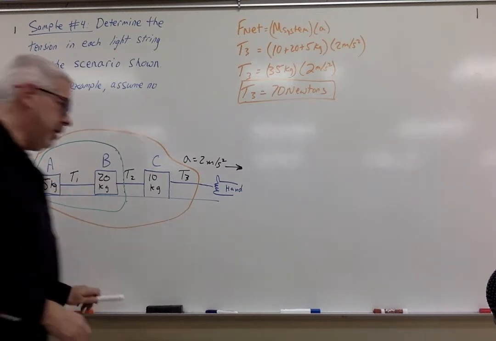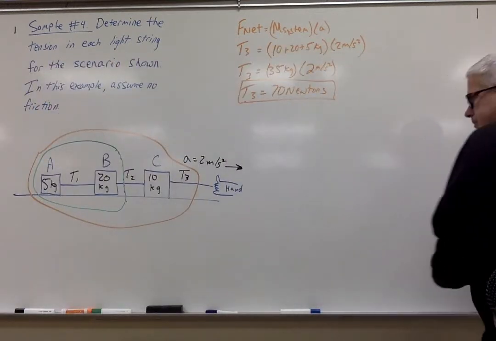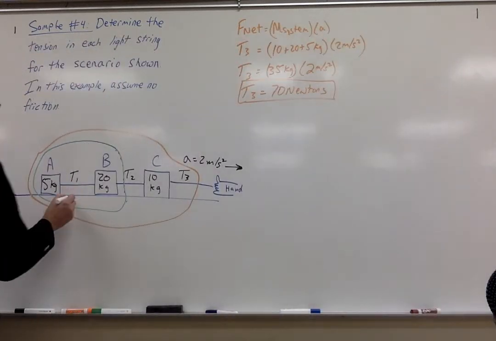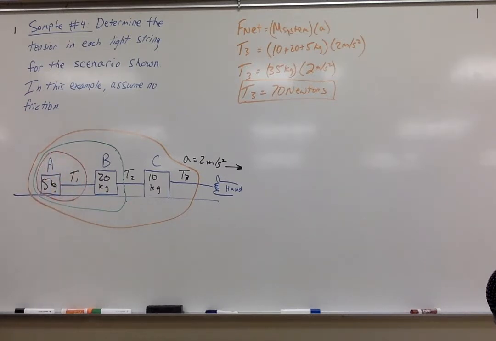Similarly, tension 1 is only acting to accelerate block A, the 5 kilogram block. I'm actually going to do this one next, and I'll explain how I could solve this one.